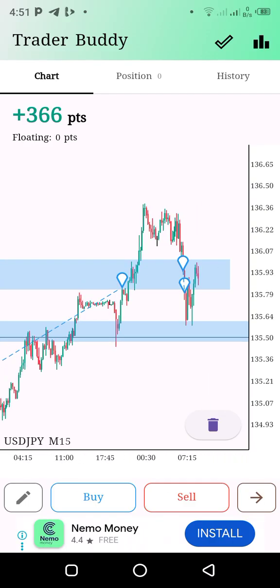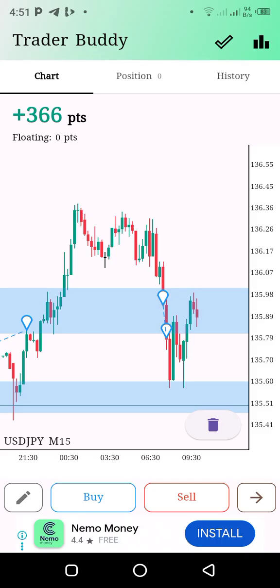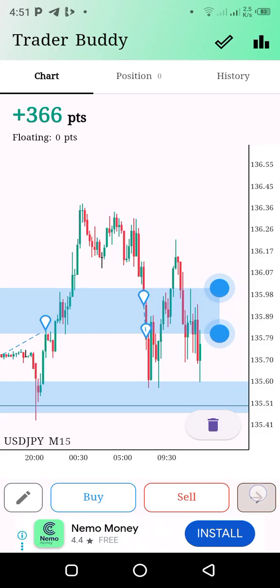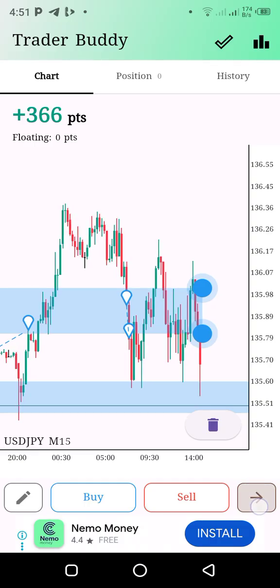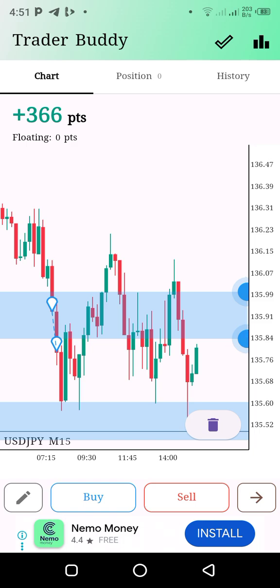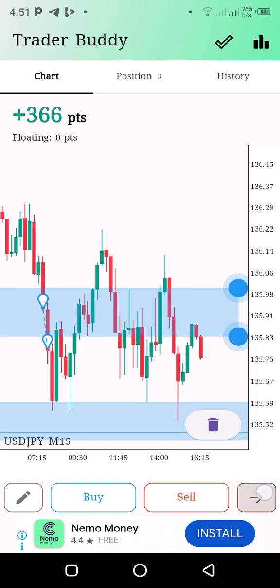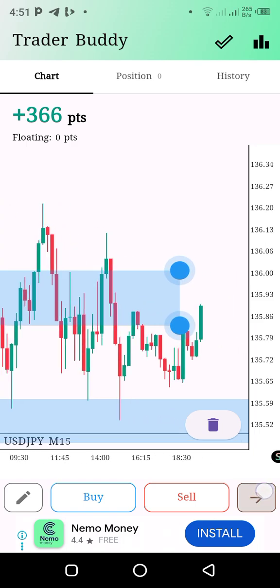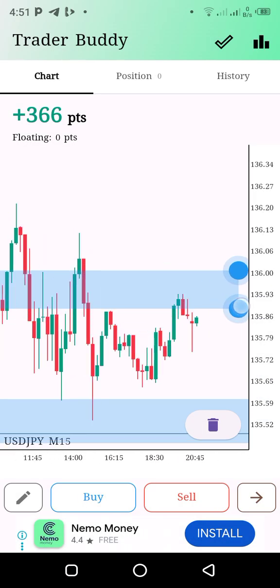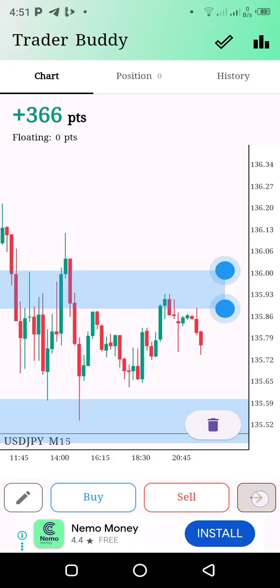A structure shift is whereby we have an area of supply. Let's first wait. Okay, we tested that level the third time. So this is the nearest demand supply level around there, up. I want to see what market gives us at this level.